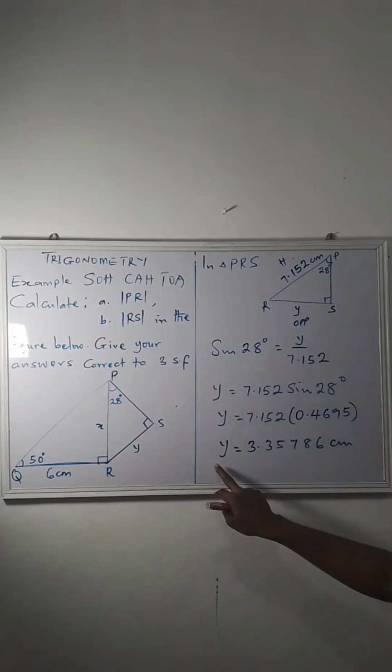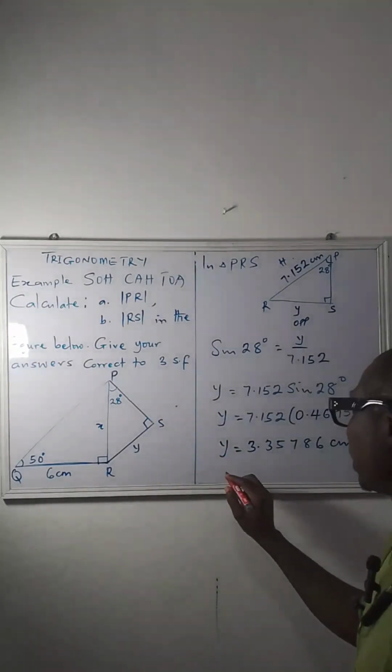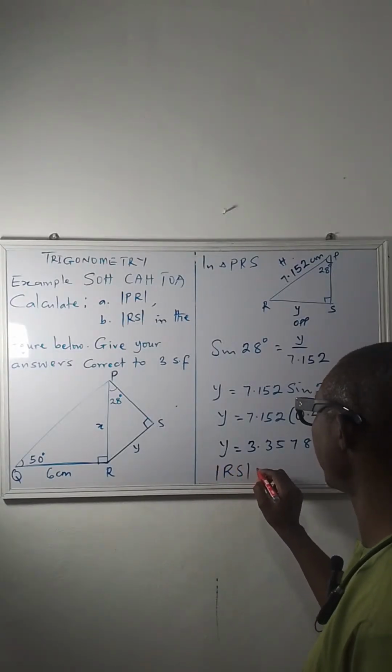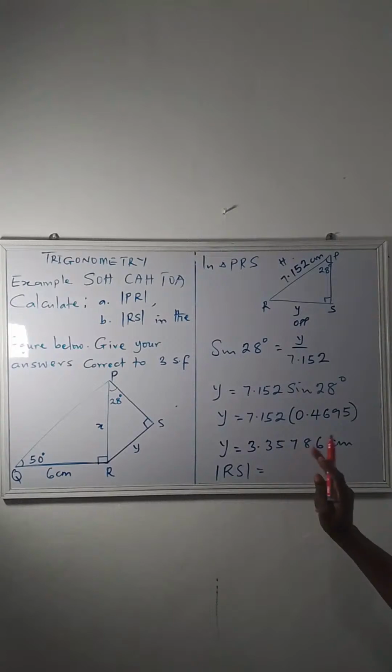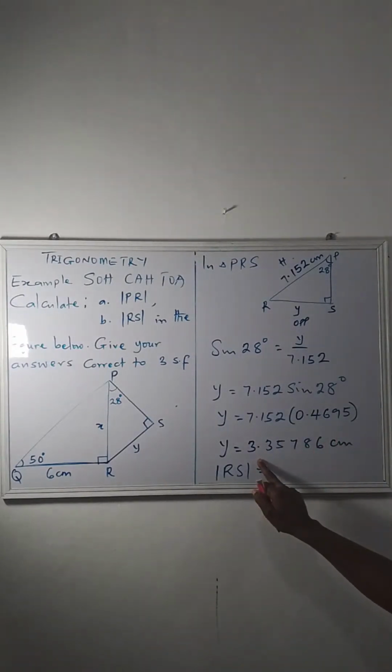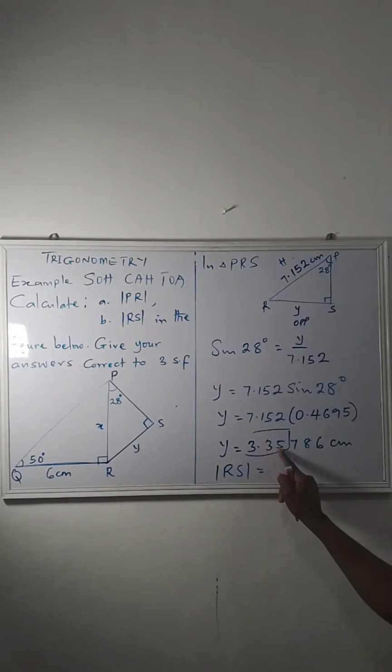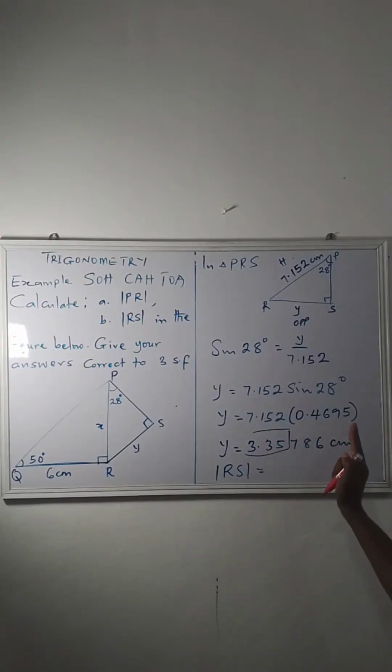Okay, so the answer now, length RS, is going to be 3SF. So you just count 3 digits, 3 significant figures. You start from the front, 1, 2, 3. This is what you are writing out. You are going to discard the remaining one.